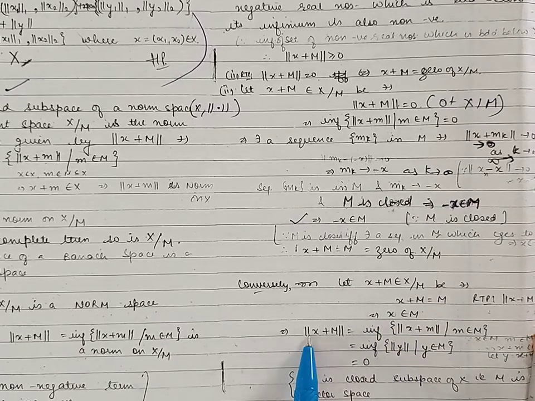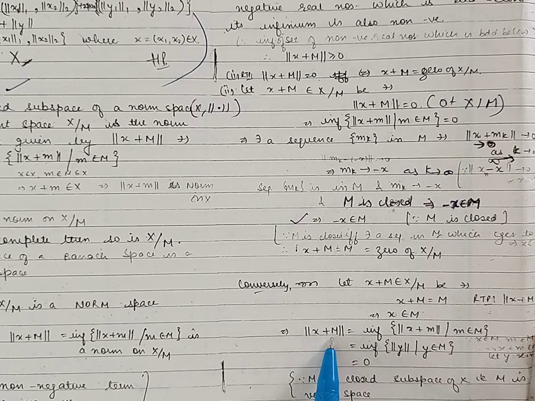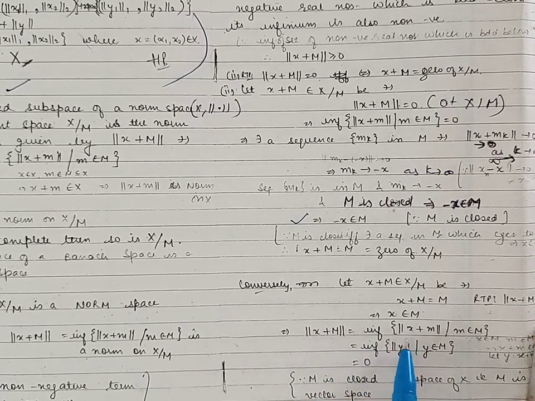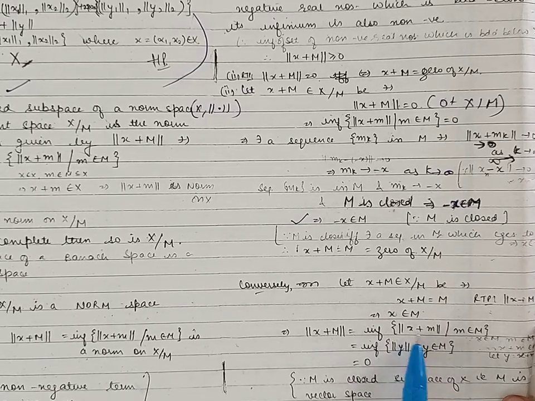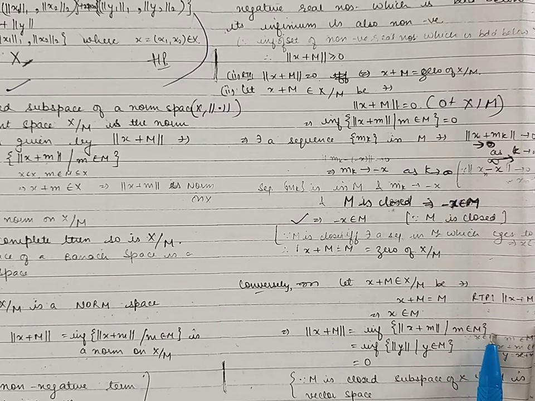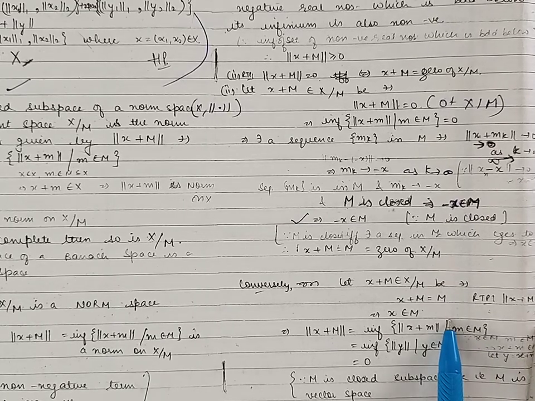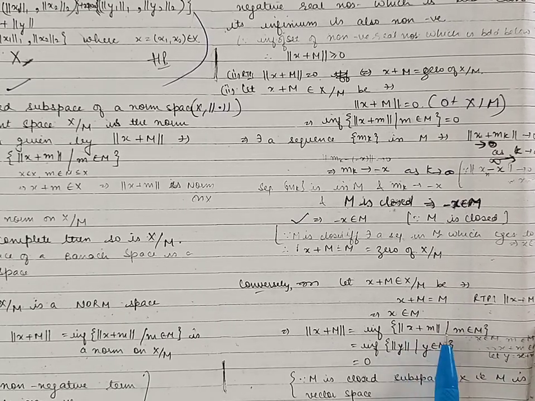Now let us find the norm of x plus M. Now by definition, norm of x plus M means the infimum of the set consisting of the norms of the elements x plus m where m belongs to M. Now we can take x plus m as y.